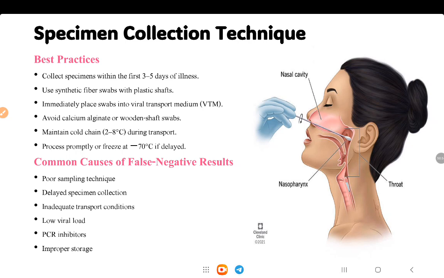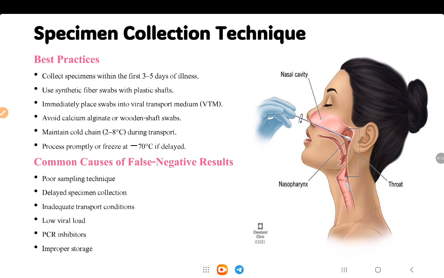Immediately place the swab into viral transport medium. Avoid using a swab with calcium alginate or a wooden shaft, because it can interfere with the PCR run. Maintain the cold chain. The transport must be in a cold chain of 2 to 8 degrees centigrade, and we can freeze at minus 70 if diagnosis is delayed.